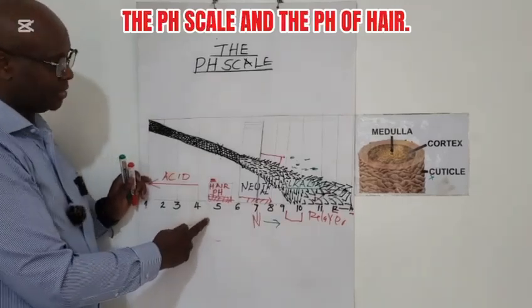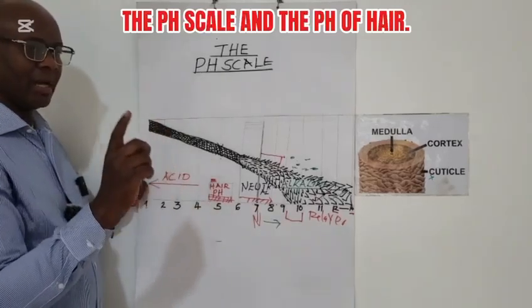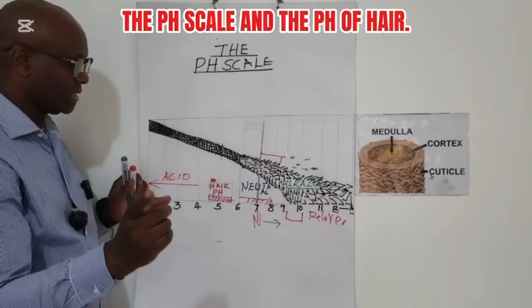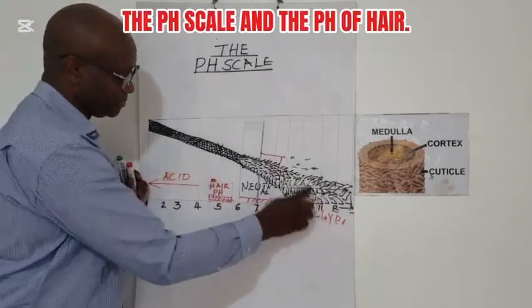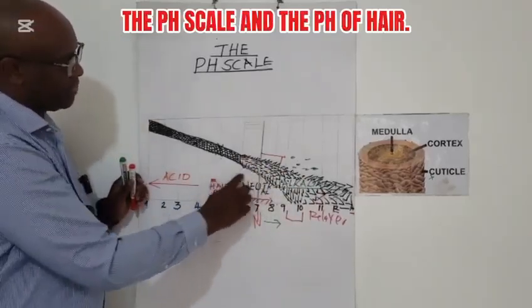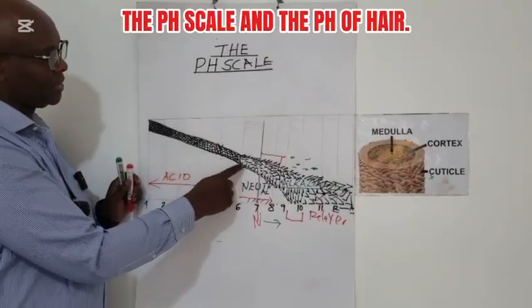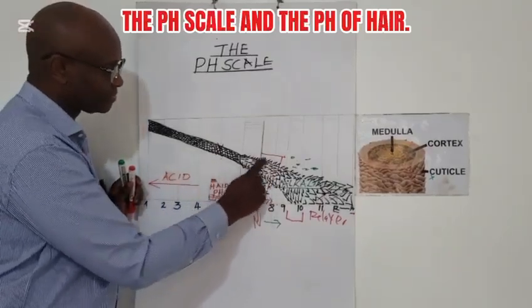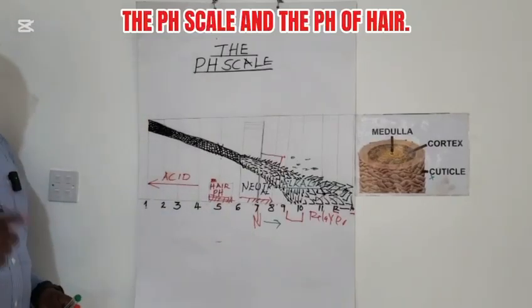If not, it would mean once you relax your hair and just use a normal neutralizer, or you don't neutralize your hair properly, your cuticles will close, maybe up to somewhere here, but they will not get back here. So once you have your cuticles in this state, it means your hair will face a number of challenges.